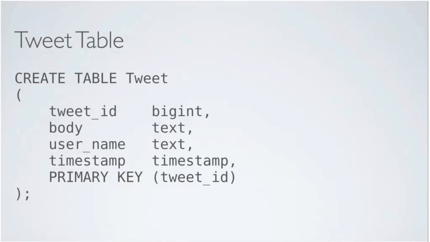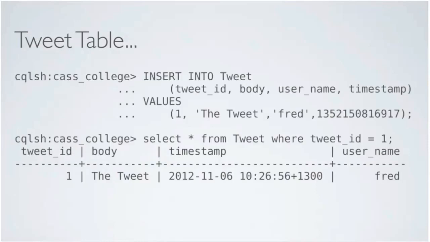So our next feature that we want to be able to do is store a tweet and get it back by its tweet ID. So we have our tweet table. Very simple here. Tweet ID is a big integer, a body, a username, and a timestamp. Again, a primary key that allows us to uniquely identify this tweet in the cluster. You can insert into this very simply.